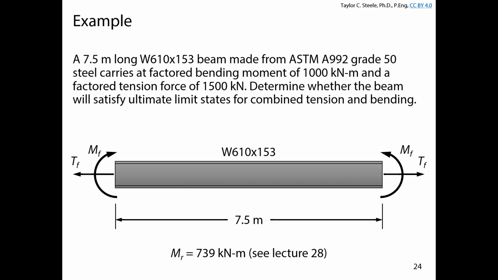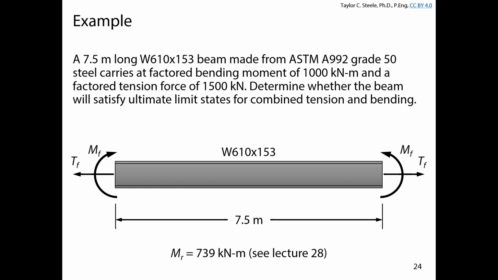Well, we need to apply the different interaction equations, right? So we already know from lecture 28 this is a class 1 section, so we're going to have to check member strength, and we're also going to have to check the lateral torsional buckling resistance. So we have two checks to do, one for the bottom flange, one for the top flange, essentially.